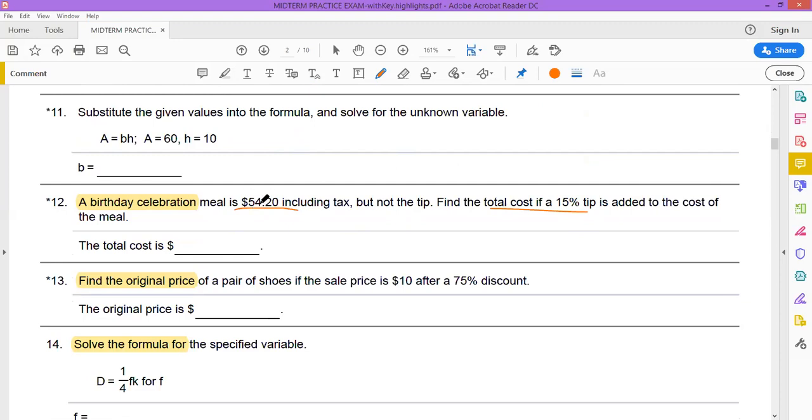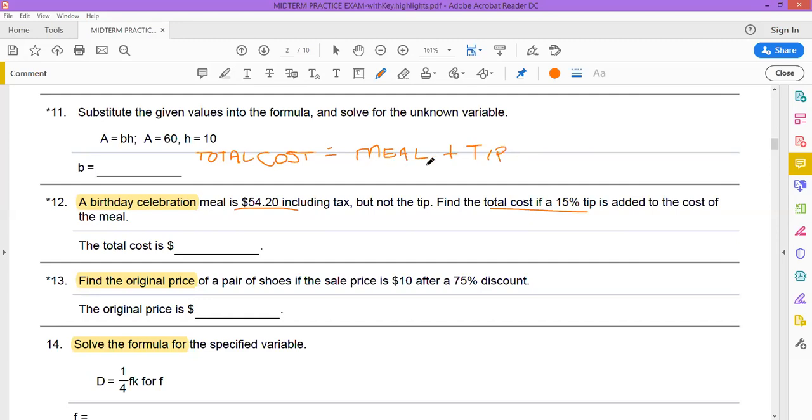We're going to add the price of the meal, and let's write that up here. Total cost is equal to the price of the meal plus the tip that we decide to leave, which in this case will be 15%.